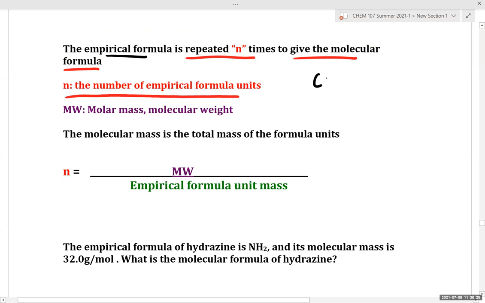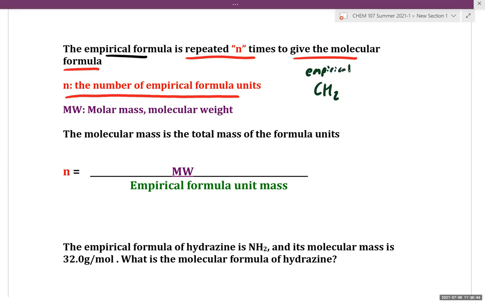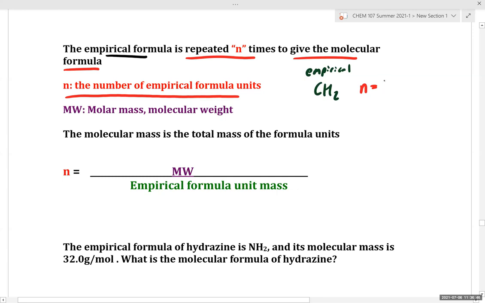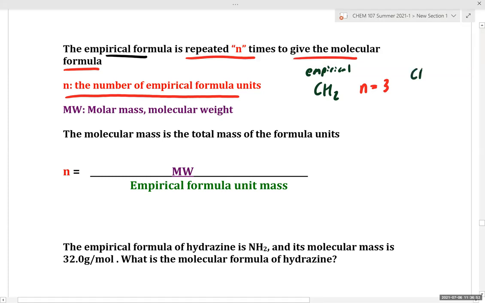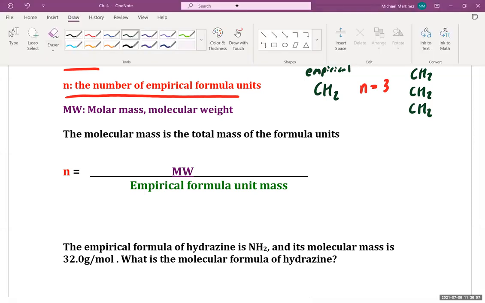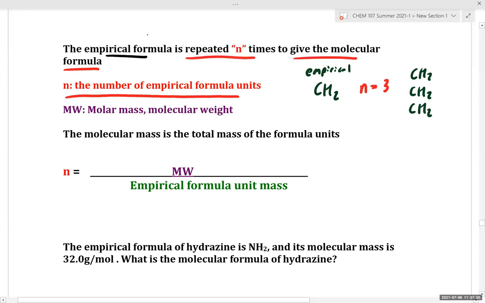So for example, if we have an empirical formula unit of CH2, let's write that out. Let's suppose we have 3 empirical formula units. Okay, we'd have CH2, CH2, CH2, which we can simplify to a molecular formula of C3H6.